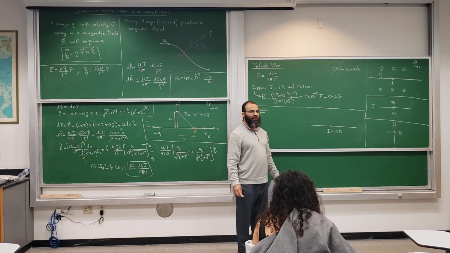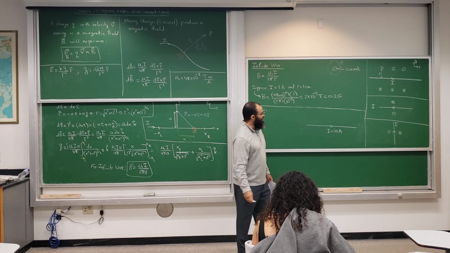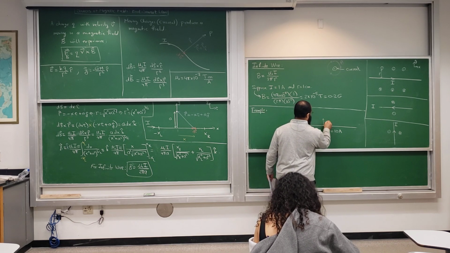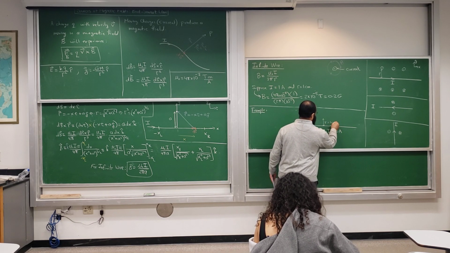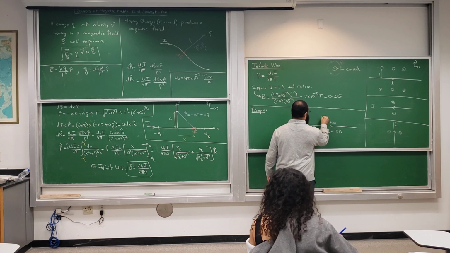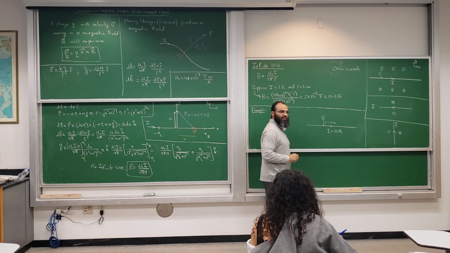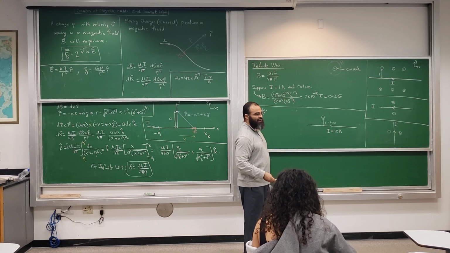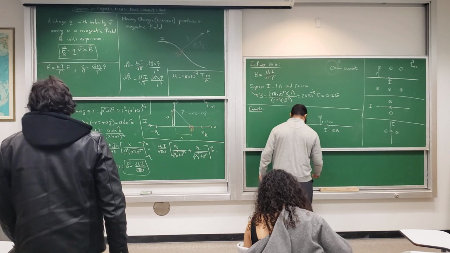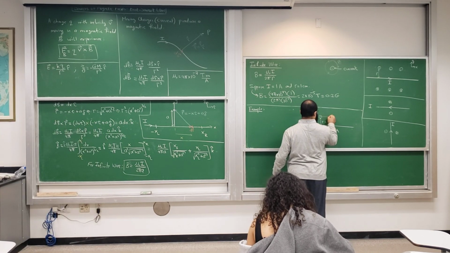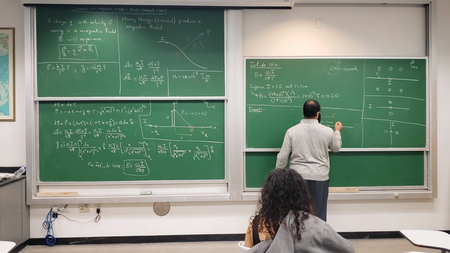And we have an electron that's 1 centimeter above it. So here is the distance. R is 1 centimeter. And we have an electron here. Electrons are negatively charged, right? Suppose the electron has a velocity v in this direction.